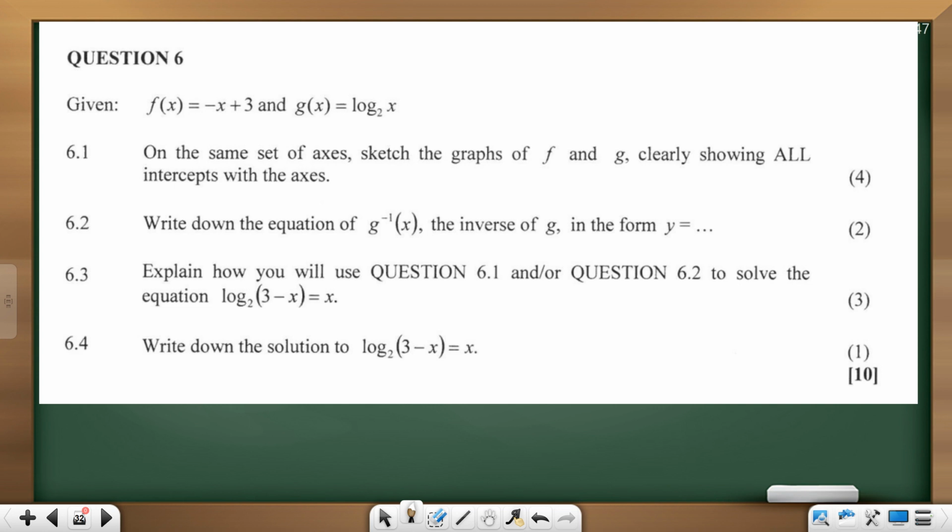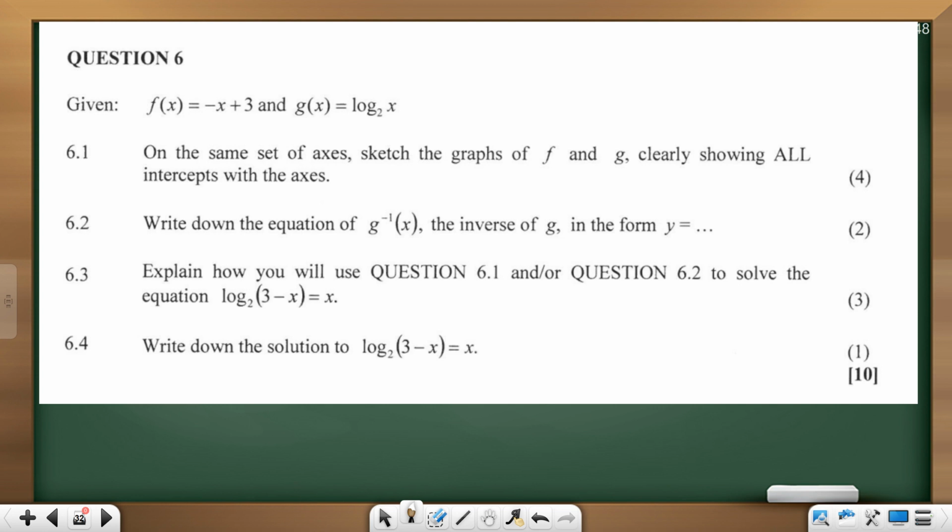Please, guys. Thank you, Mary. Guys, there are some marks that you should actually beat yourself for losing in an exam, especially looking at this revision. Explain how you will use 6.1 and 6.2. Please look at this type of question. I want us to say something. Log 2, 3 minus x equals. How would you solve this equation?